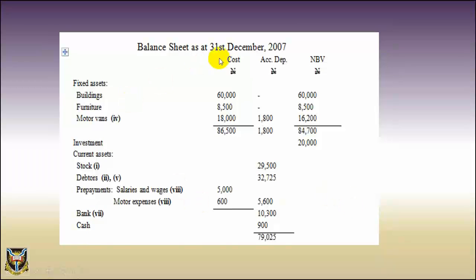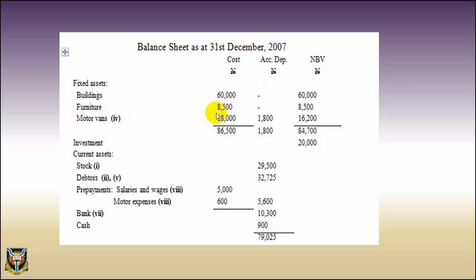Balance sheet as at 31st December 2007. Cost, accumulated depreciation, NBV in Naira. Fixed assets. Buildings, cost 60,000, NBV 60,000.